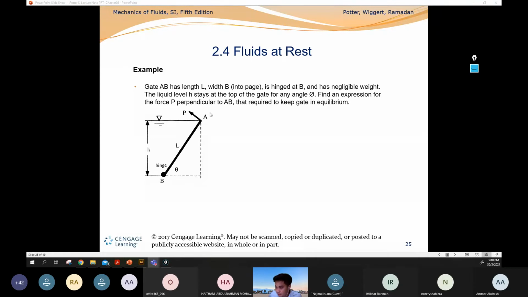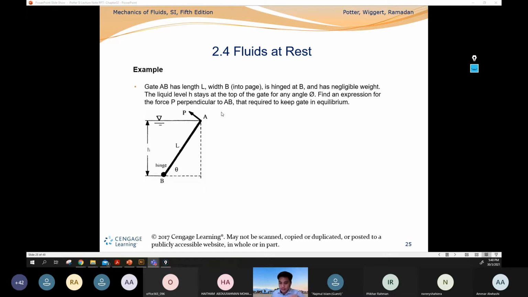Find the expression for the force P perpendicular to AB. So the question asks to find the pressure force, the force P perpendicular to AB, that keeps the gate in equilibrium.